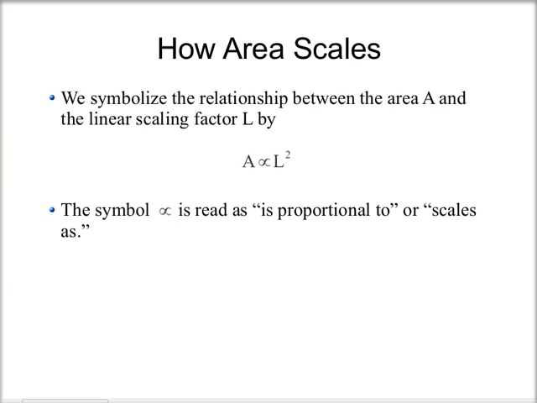And we can write this symbolically this way. So this little equation here means that A is proportional to L squared, so the area is proportional to or scales as the linear scaling factor L squared.